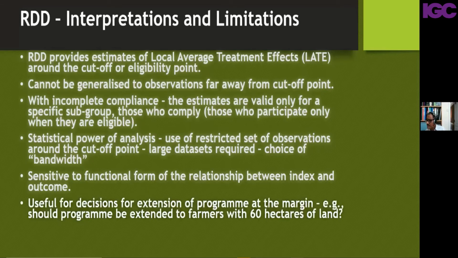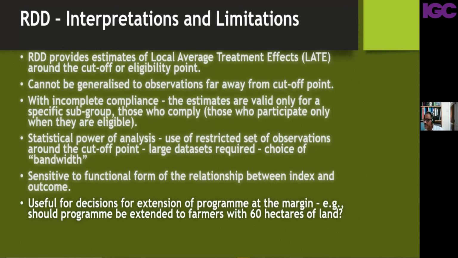So one of the things to note about this RDD is that it is generally more useful for making decisions about extension of the program at the margin. Suppose your current cutoff is say 50 hectares, and you want to decide whether the program should be extended to those having up to 60 hectares of land.